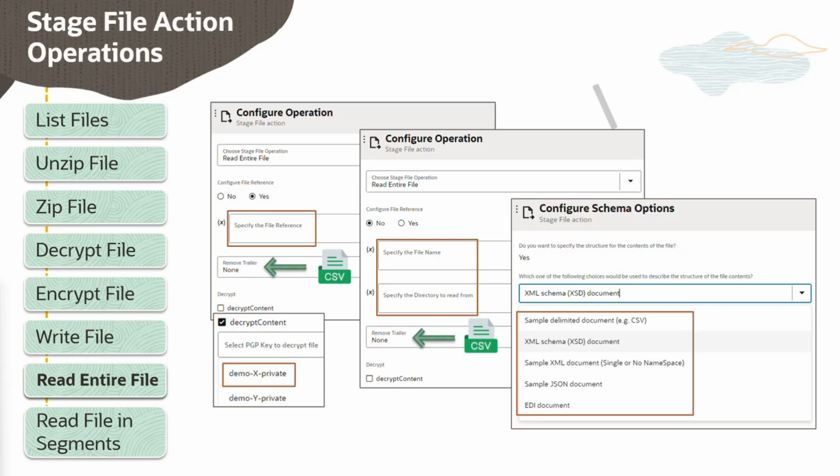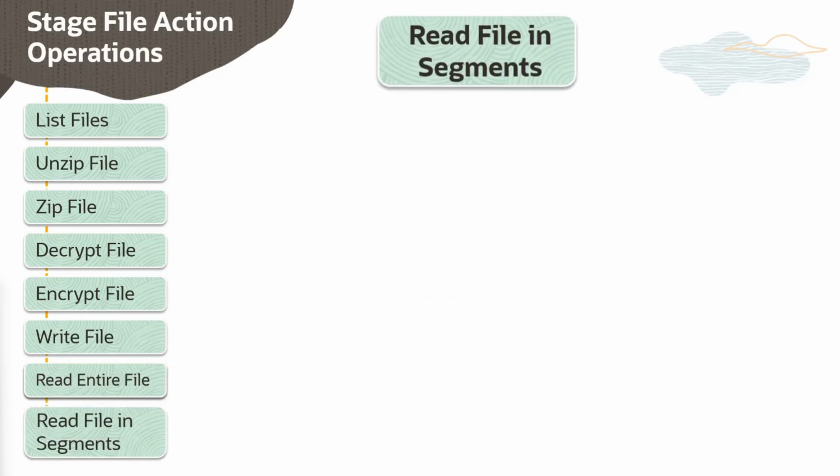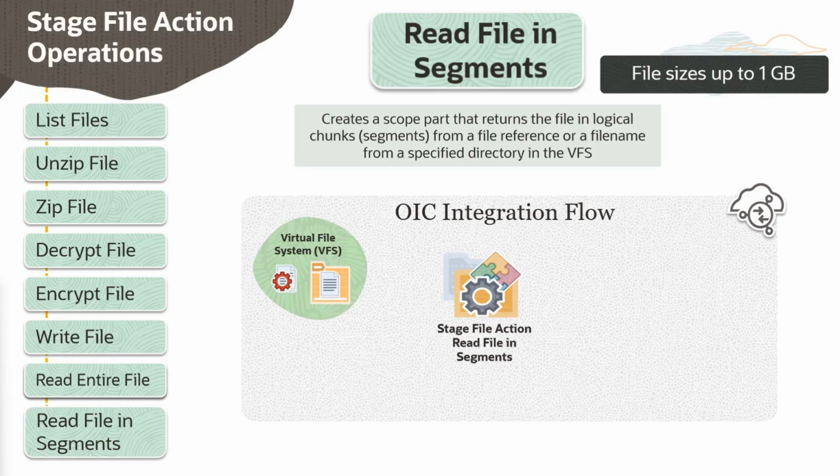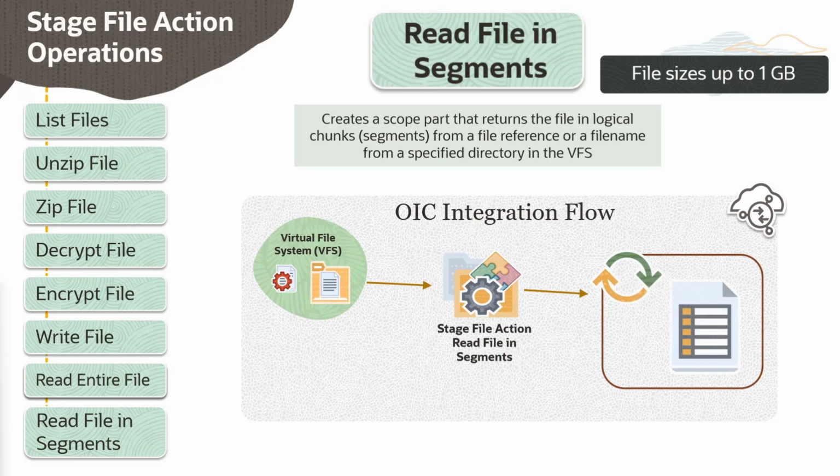Now, as a reminder, this operation can only be used on files up to 10 megabytes in size. However, for larger files up to 1 gigabyte in size, this operation enables you to read the file in segments. Essentially, the operation creates a loop scope structure that delivers each file segment separately.